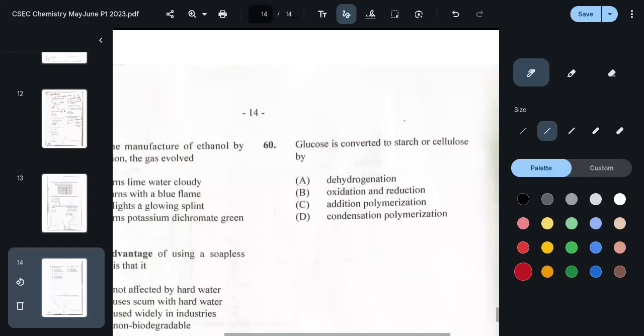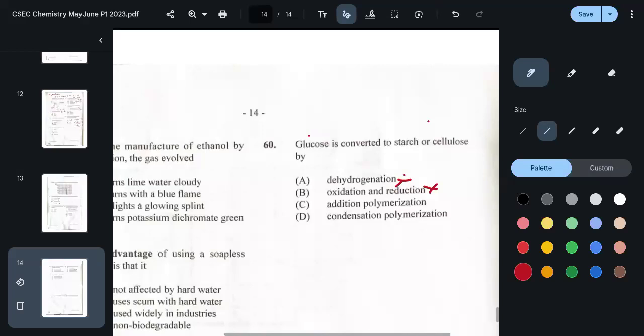It can't be dehydrogenation. It can't be oxidation and reduction. It's polymerization. Remember, I told you that starch is the polymer and glucose is the monomer. So would it be addition or condensation? The only one that does addition is alkene.